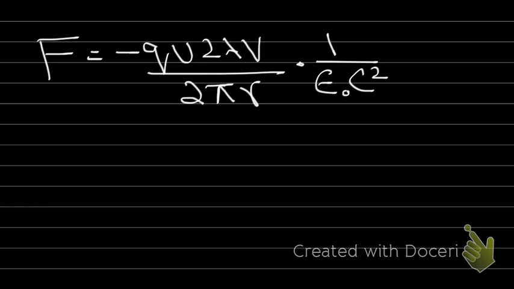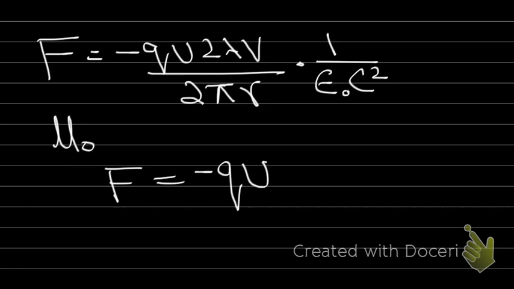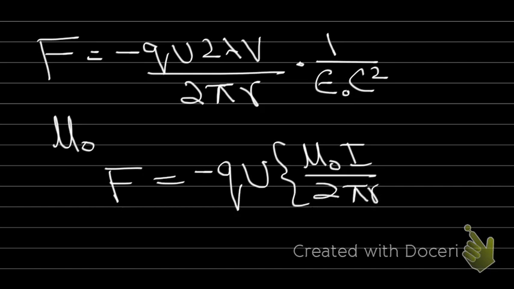Now what this equation becomes, if you know what your mu naught is, is f equal to negative q times u, and the rest of the expression is mu naught I over 2 pi r. So this equation is this equation right here.